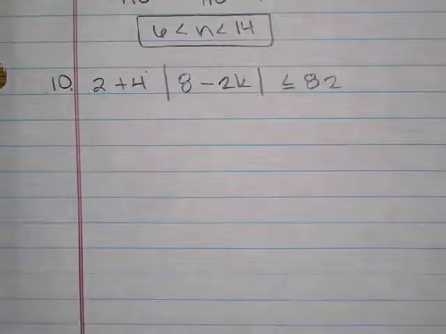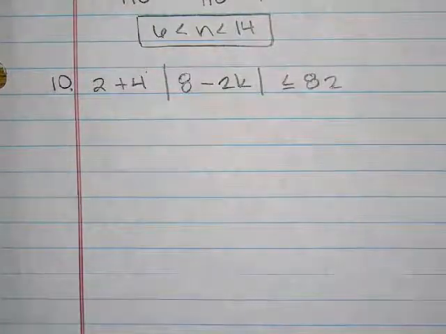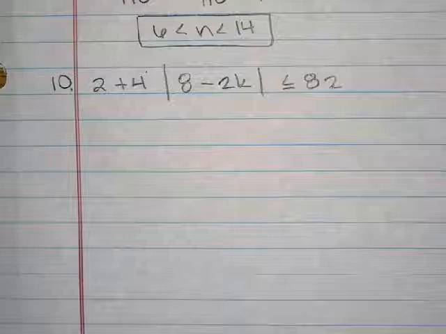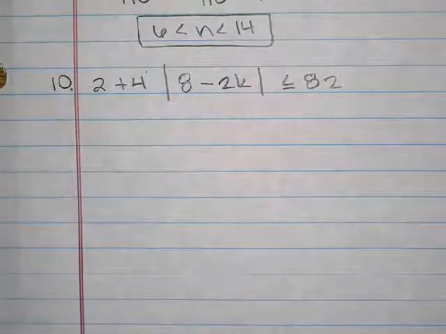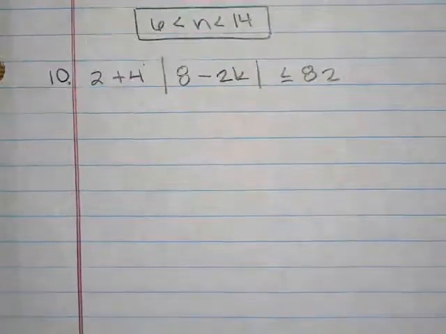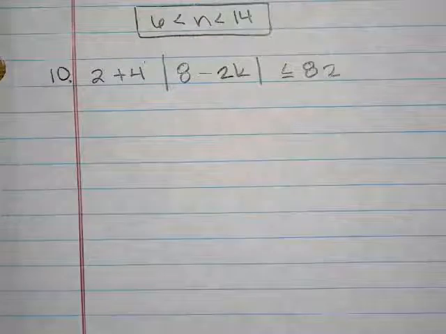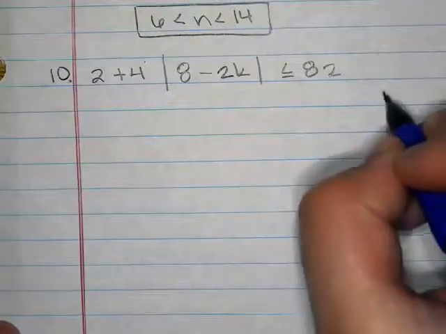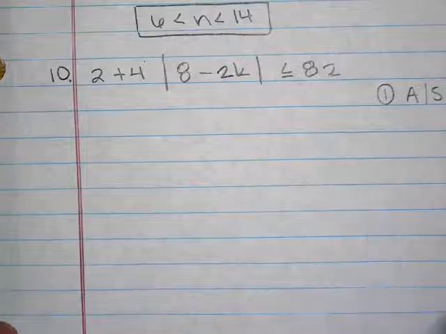So this one's got a lot of stuff going on. So we can kind of go back and use what we learned with the equations, right? Or we can say, all right, is there something I should add or subtract to move it over to the other side?